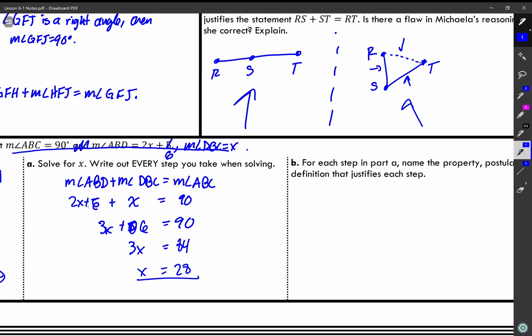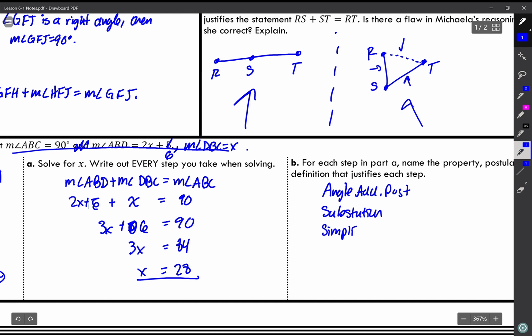The first one would be just the angle addition postulate. Then we substituted what we knew in. Substitution. Then we simplified our equation. And then we subtracted the same thing from both sides.